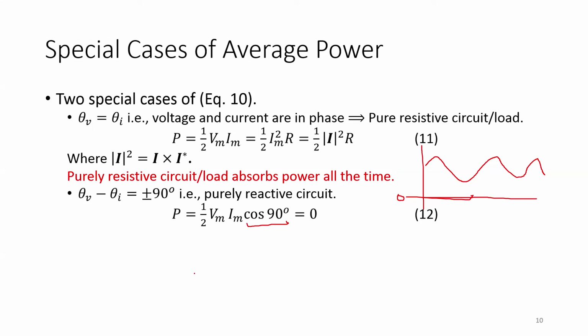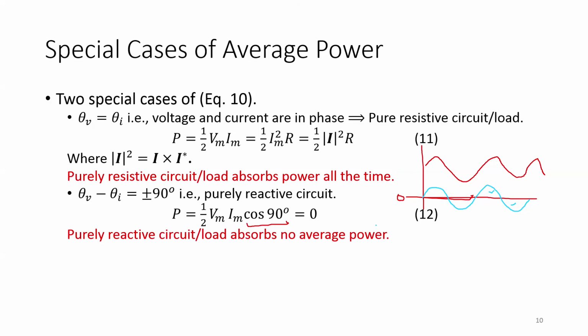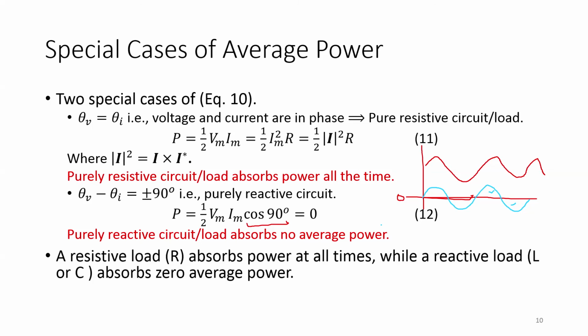In this case our waveform would be like this one. This sinusoid has equal portions above and below the 0 line, so it averages to 0. This is a purely reactive load and absorbs no average power. A resistive load absorbs power all the time, while a reactive load, inductor or capacitor, does not absorb any average power.